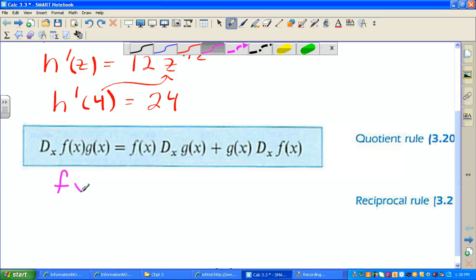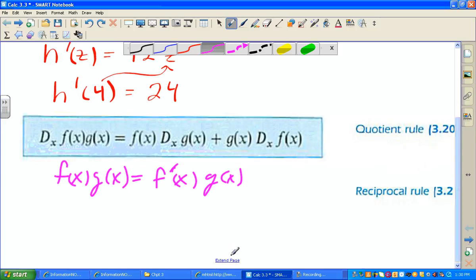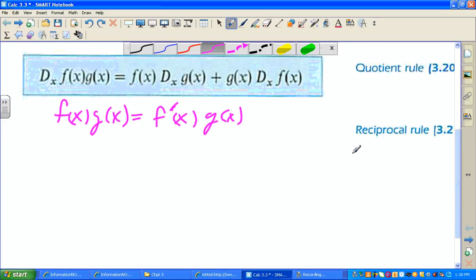If you have 2 functions multiplied together, then the derivative is the derivative of the first times the second plus the first times the derivative of the second, also known as the product rule.